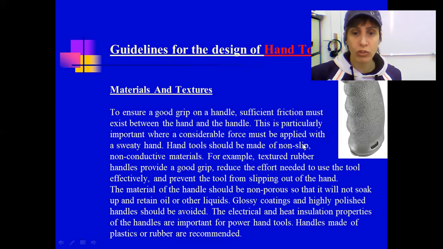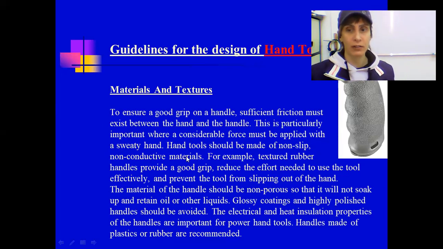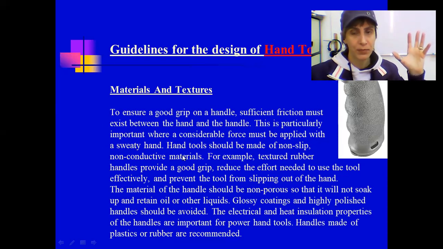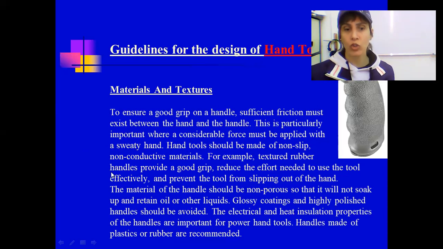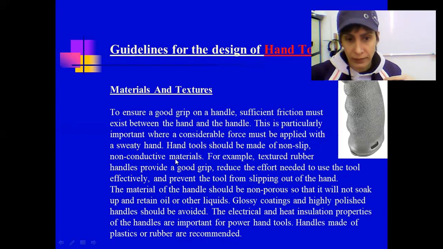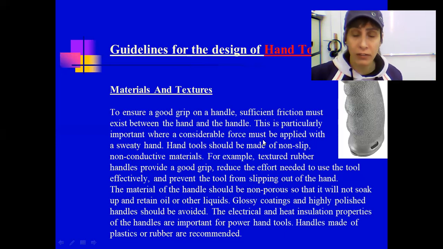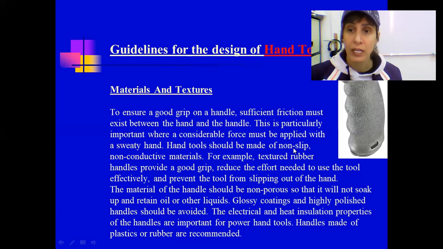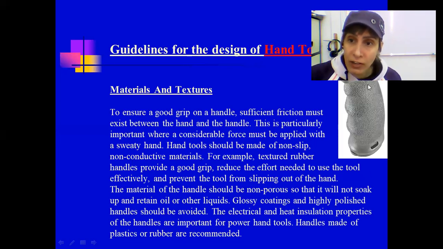So hand tools should be made of non-slip and non-conductive materials, in general. Non-conductive means that if there is heat, it is not transferred to your hand. Non-slip, not to slip. Which materials are non-slip? Not only the material, but the texture.